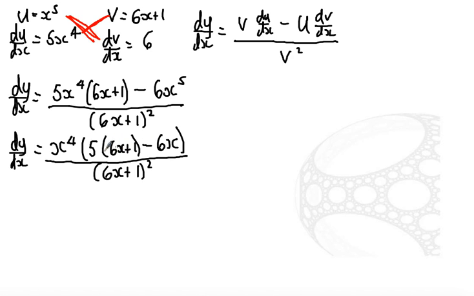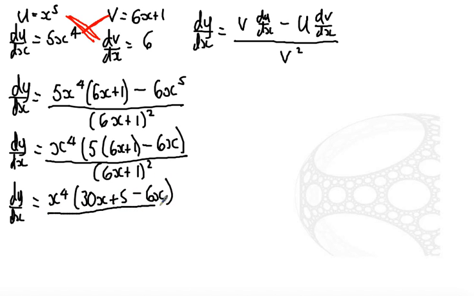Now inside here, you should be able to see that I can expand and simplify this. So dy by dx, just tidying up a little bit more, x to the power of 4 times 30x plus 5 minus 6x, all over 6x plus 1 squared.